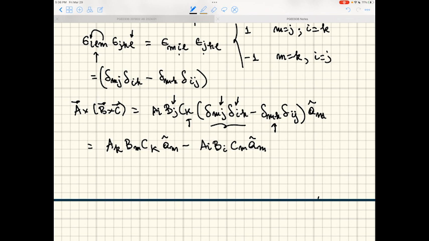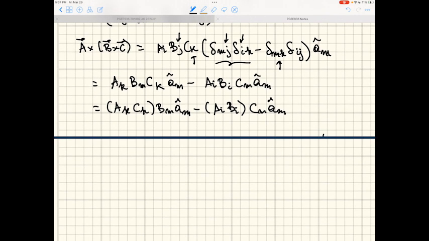So we can identify here AK, CK times BM, AM minus AI, BI times CM, AM. So repeated indices mean sum. So this is A dot C, this is B, minus A dot B times C, which is this one.